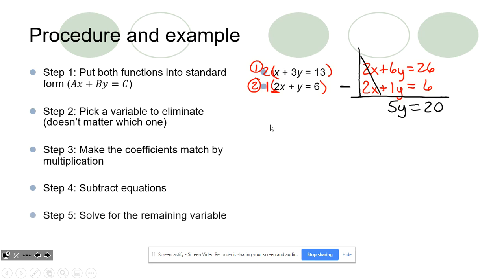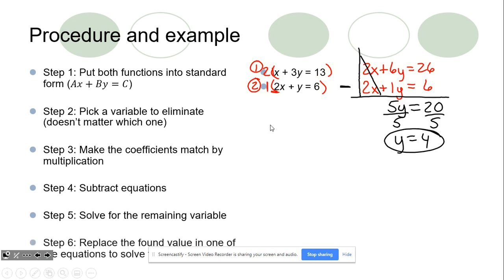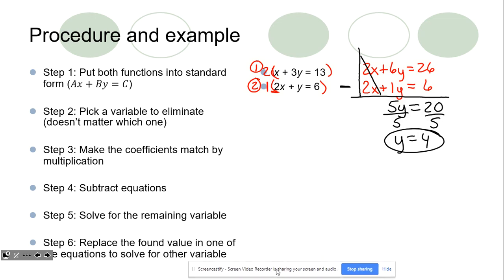Then I'm going to solve for my remaining variable. So I'm going to divide by 5 here, and I get y equal to 4. Then, just like we did with substitution, replace the value that you found in one of the equations to solve for the other variable. Again, doesn't matter which one you do, but always go back to an original. I'll take the top one.